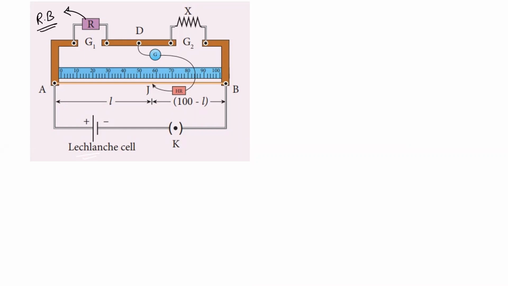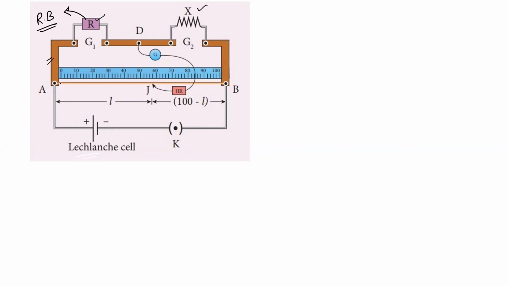I have told you why we are using thick copper wires. We are using thick copper wires so that their resistance can be nullified. Only the resistance of R, X, and the wire through this length, A to J length and J to B length, can be considered, and all other copper wires should have negligible resistance. So what we can do is, the wire is of 100-centimeter length.